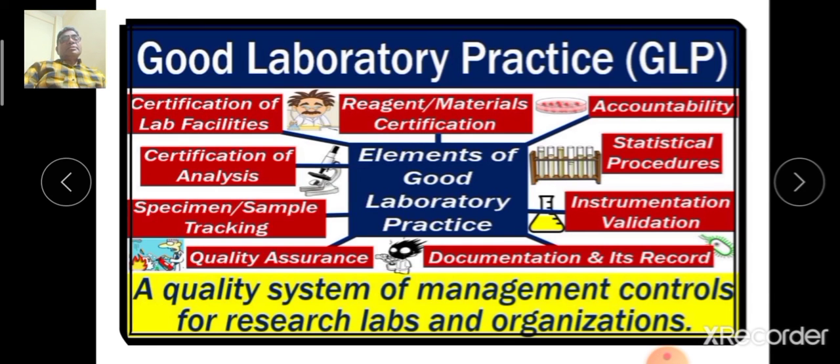Now, these are some elements of good laboratory practices. The first one is certification of lab facilities, certification of reagents and materials, accountability, statistical procedures, validation of instrumentation, maintenance of documentation and records, QA, specimen and sample tracking, and certification of analysis.